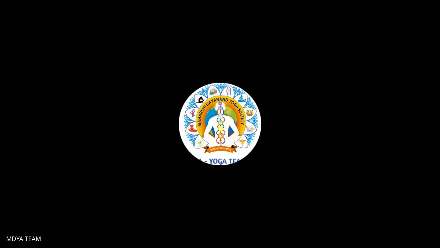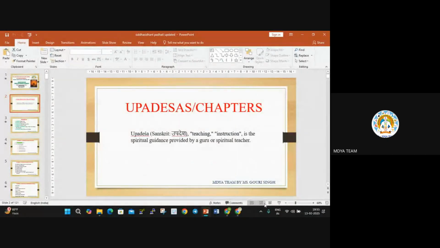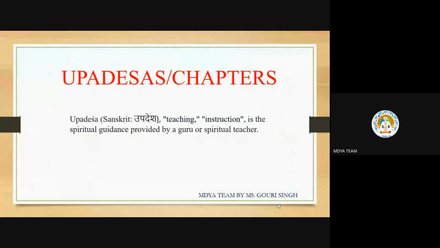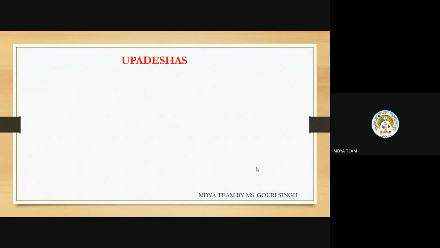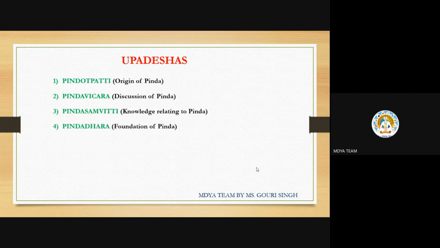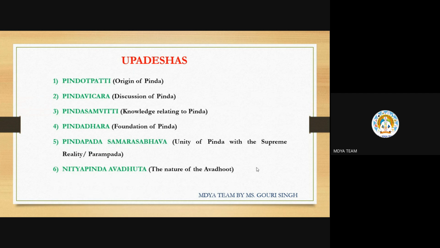That person is named here as the Abhaduta, according to Guru Gorakshnath in this Siddha Siddhanta Paddhati. The nature and qualities of the Abhaduta are discussed in the sixth chapter.